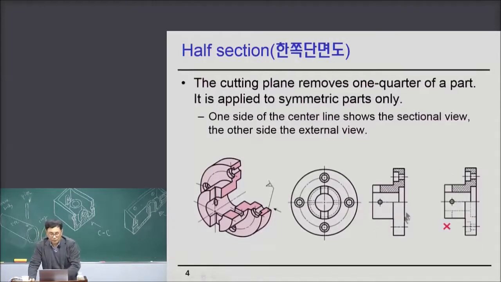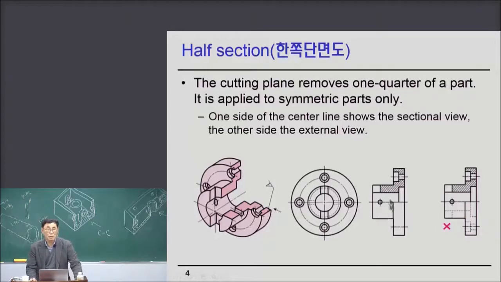But since, as an external view, there are so many hidden parts inside, you may add hidden lines like this to show the hidden features. Then this is also a very, very ridiculous drawing. You may understand why, right?